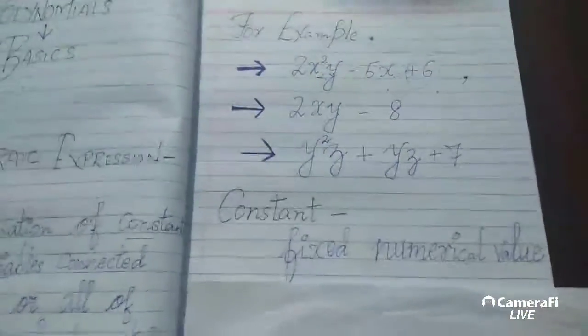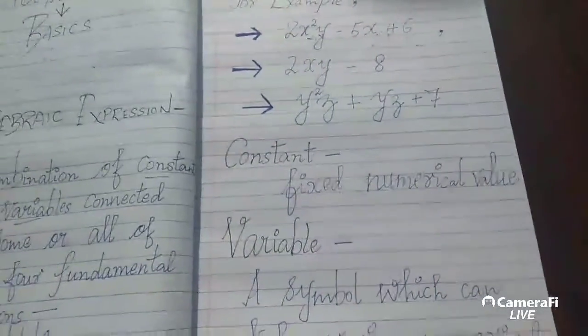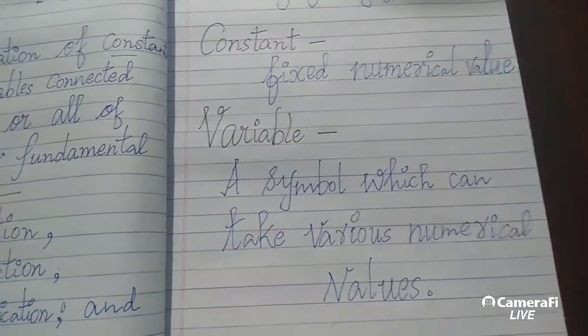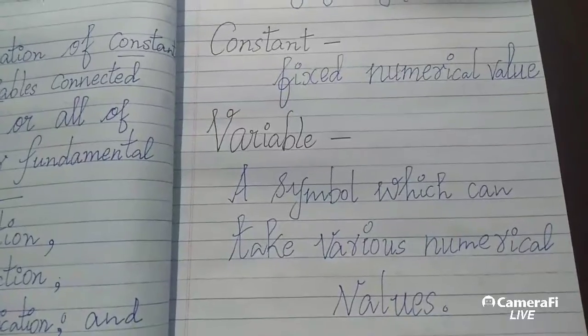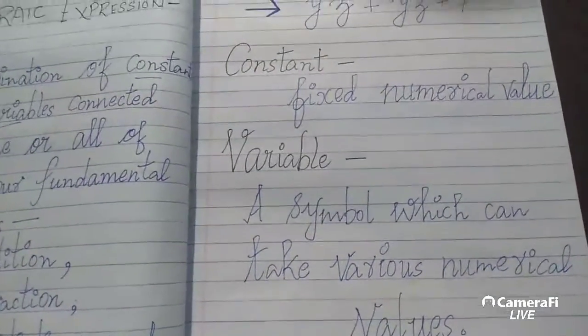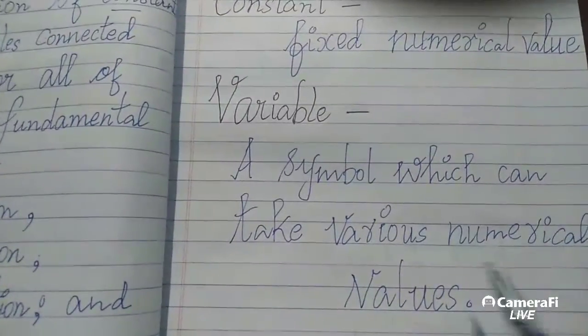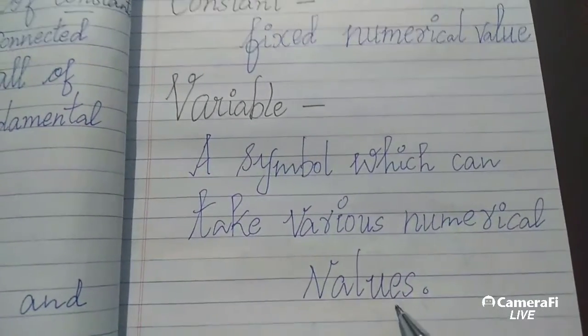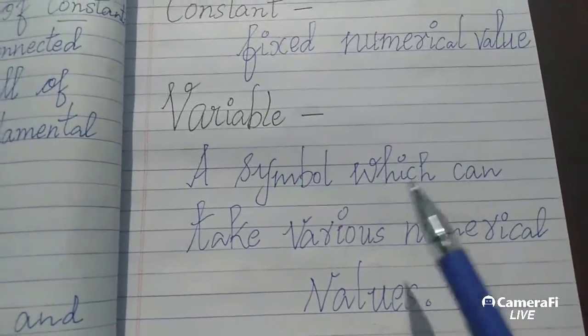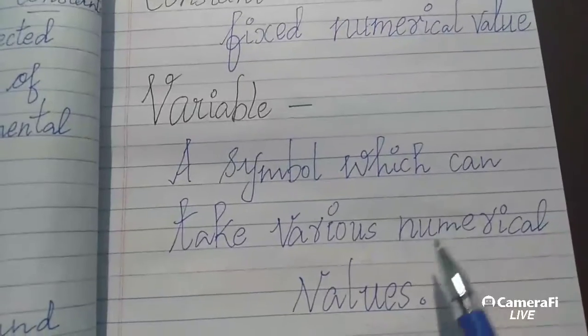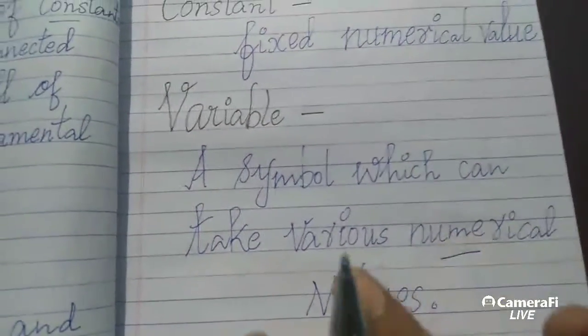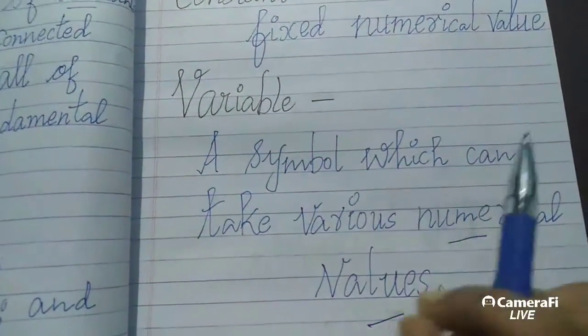What are variables? Again, as the name suggests, it is a symbol or a letter which can take various numerical values. It has no fixed value.